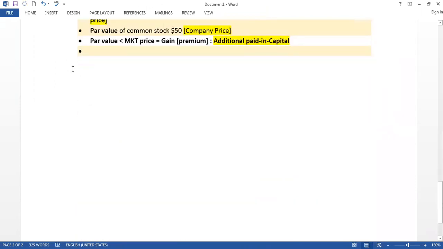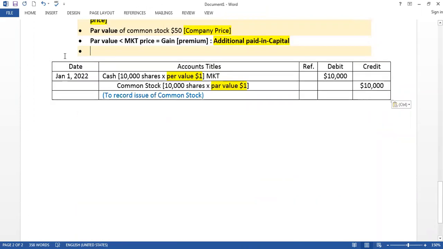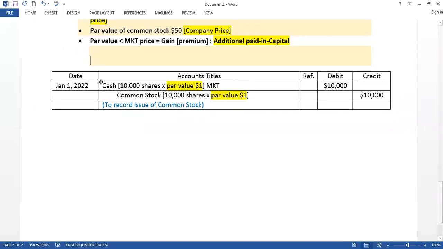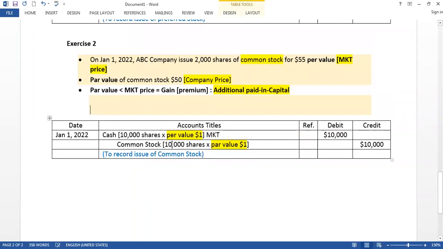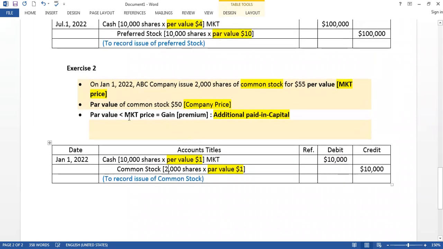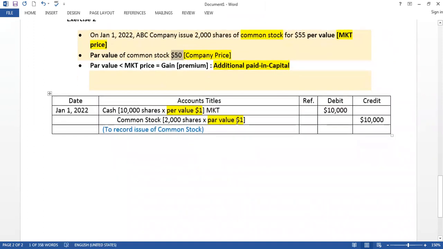For exercise 2, we sell common stock. How many shares of common stock do we sell? We sell 2,000 shares, right? And what is the company rate? The par value is $50.